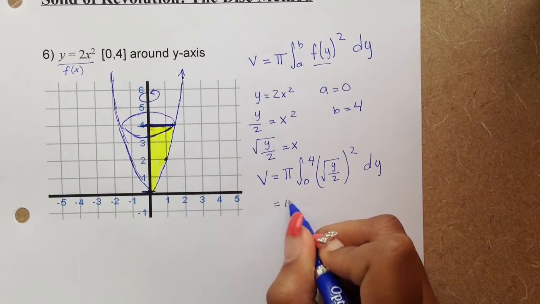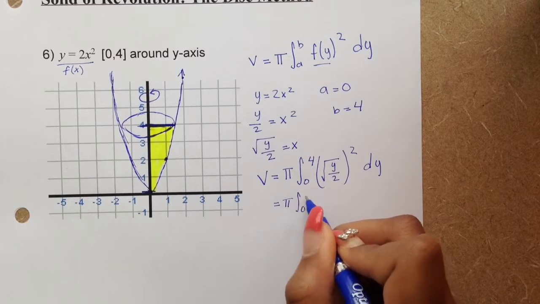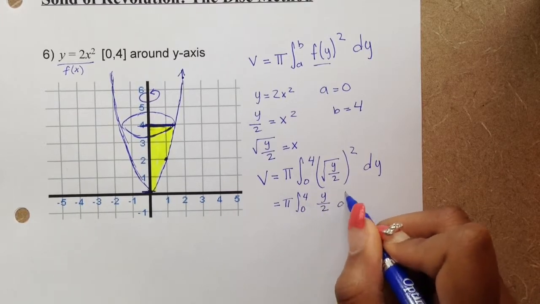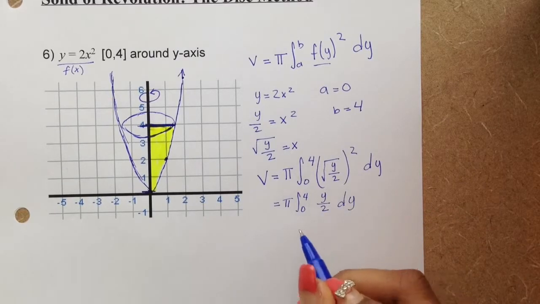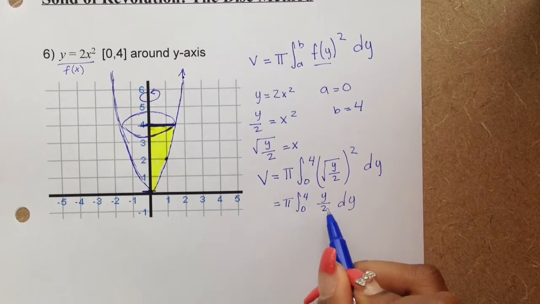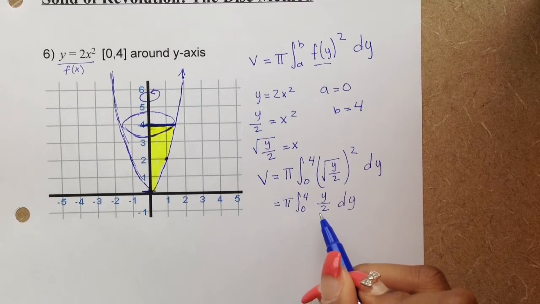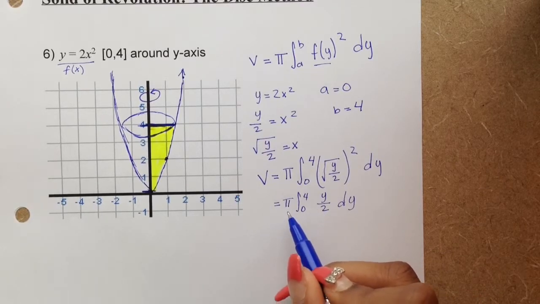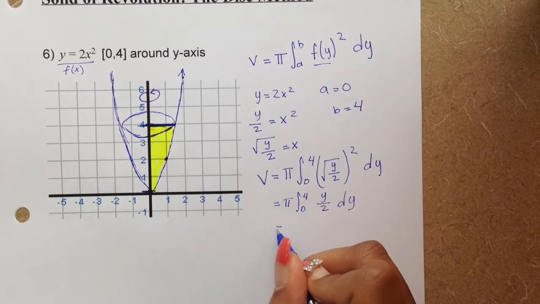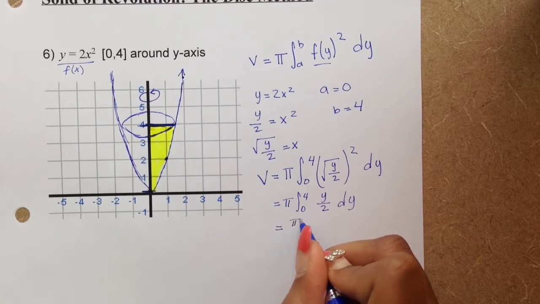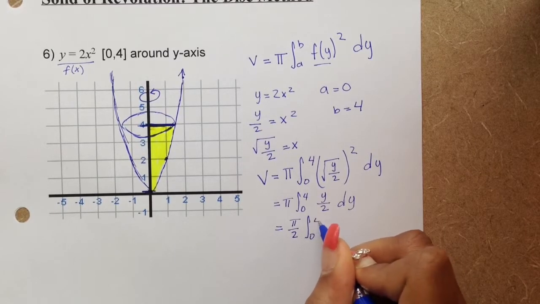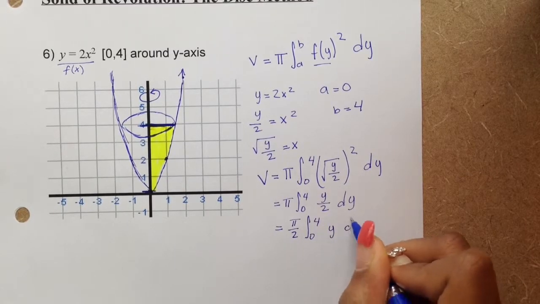So that will equal pi integral from 0 to 4 of y over 2 dy. And you notice here we can take out a 1/2, and all constants inside of the integral just go out to the outside and hang out with pi. So we'll have pi over 2, the integral from 0 to 4 of y dy.